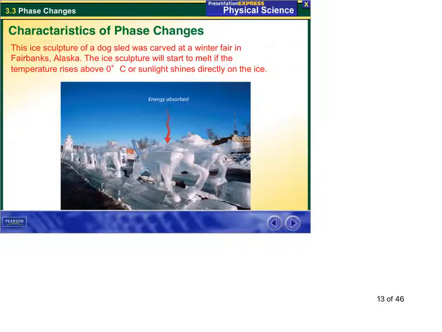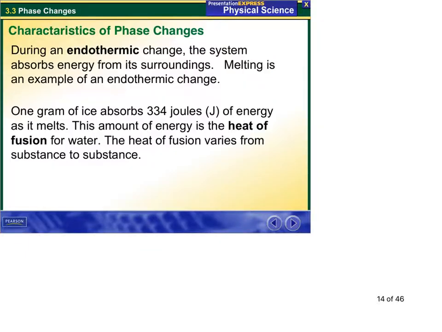So there are some ice sculptures placed up in Alaska in Fairbanks. Sunlight shines directly on it, it adds energy, can cause it to melt. Or if the temperature rises above zero, it's going to melt. But added energy can cause these things to melt. And we use a couple fancy terms. During an endothermic change, it absorbs energy from its surroundings.